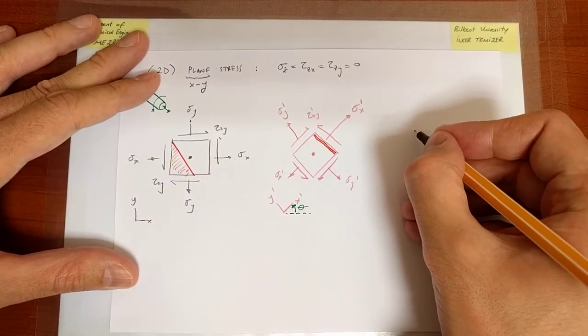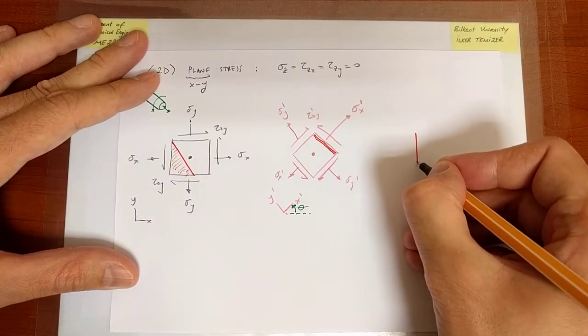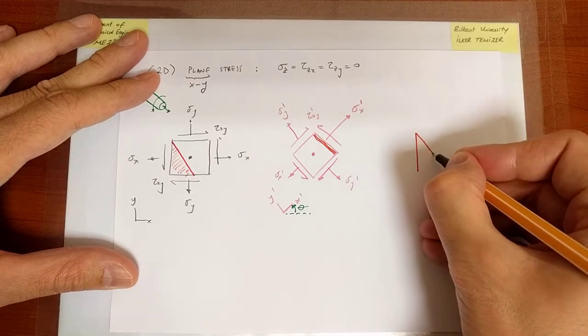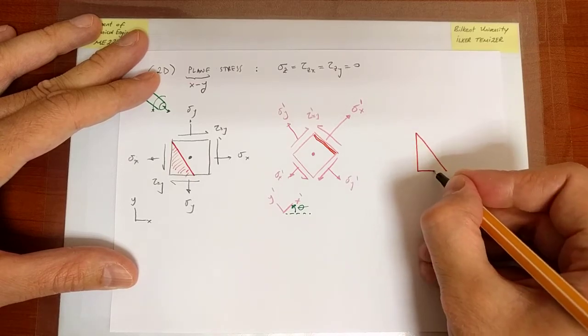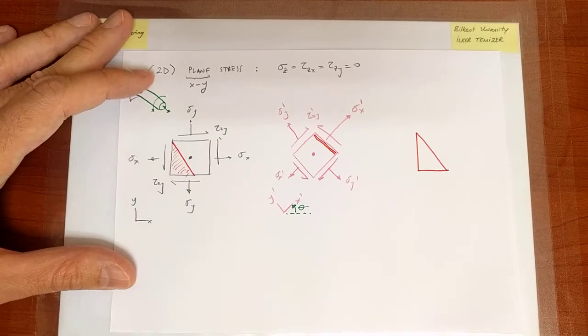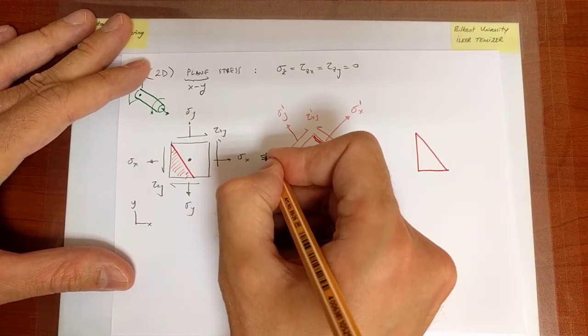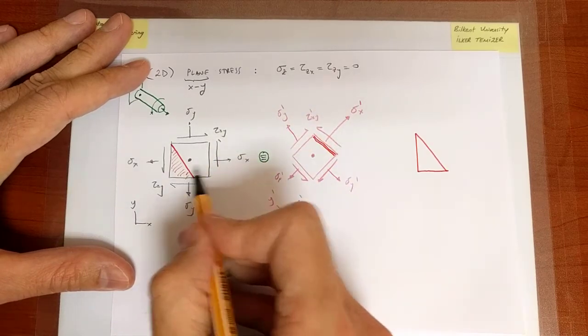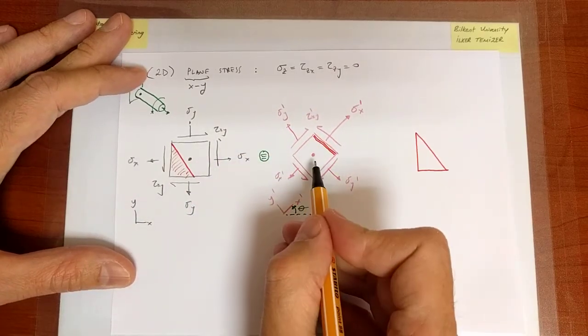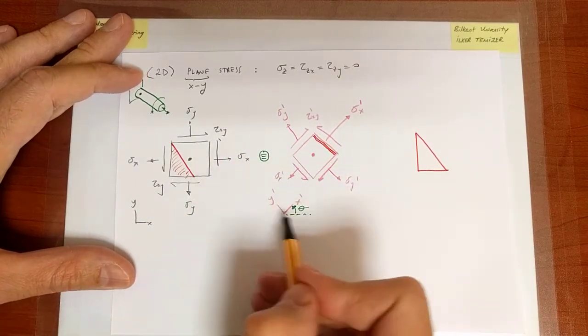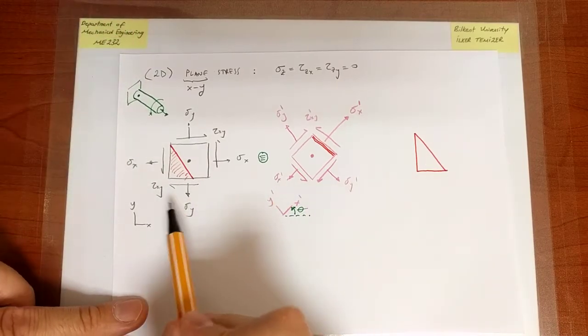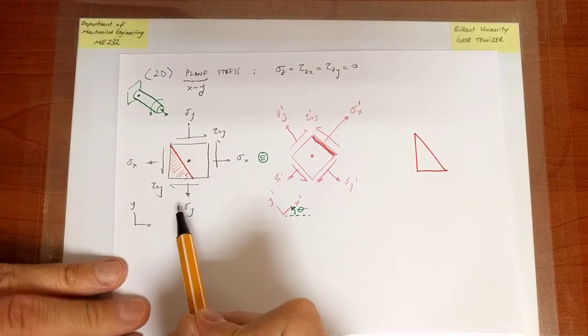So that's the way the triangle looks. So I have two pictures. The two pictures are equivalent in the sense that they are describing the same state of stress. It's just that the orientation of the planes is different. I know the values on that picture.